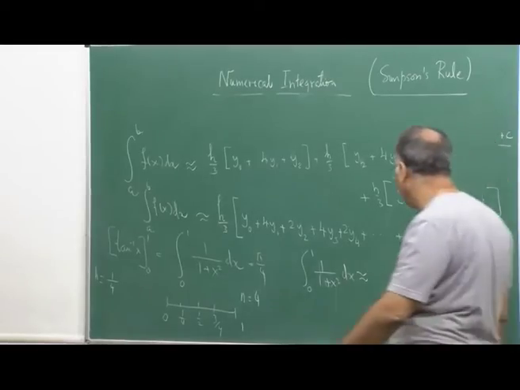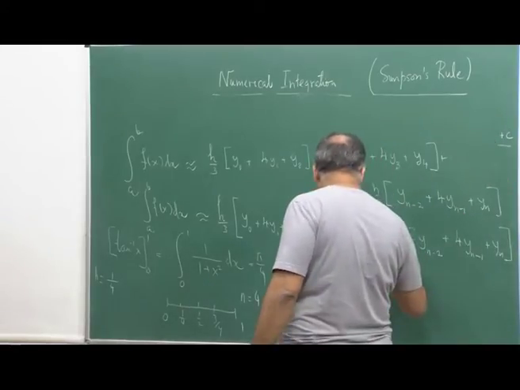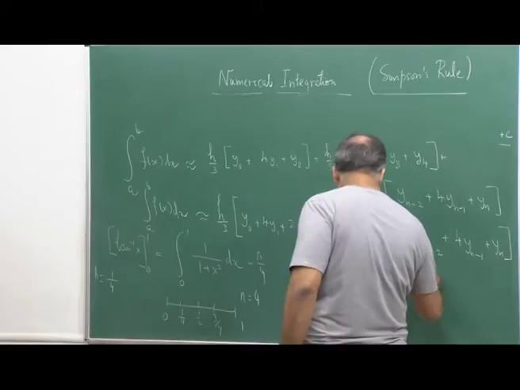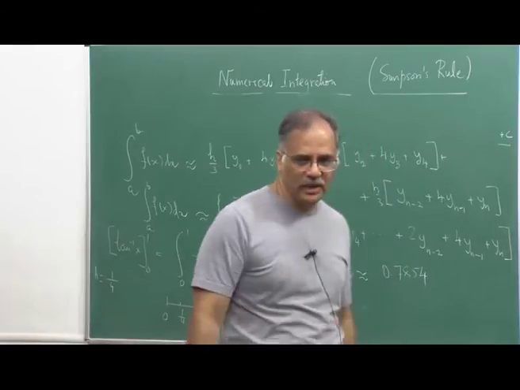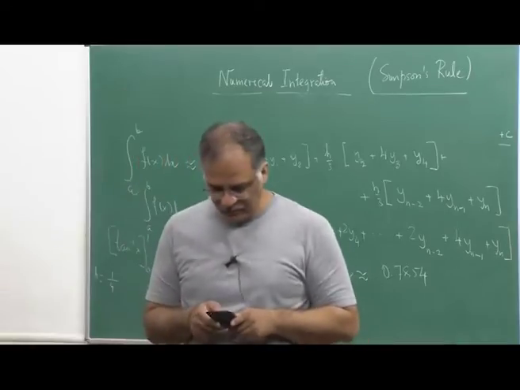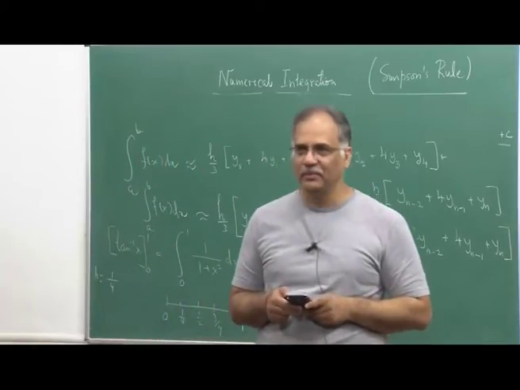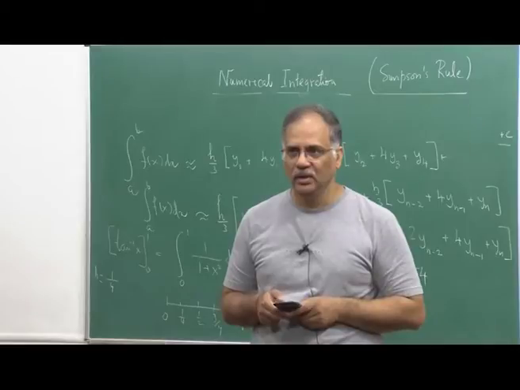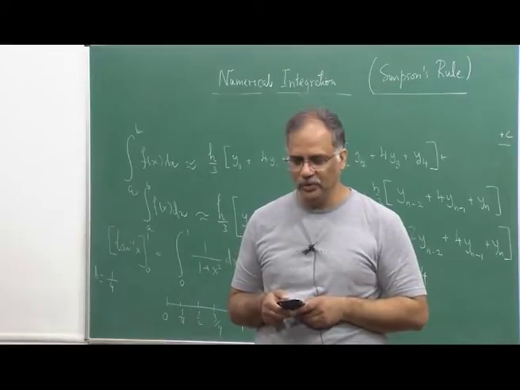So, let me use my calculator and then let us see what is pi by 4. Pi was 3.1415.